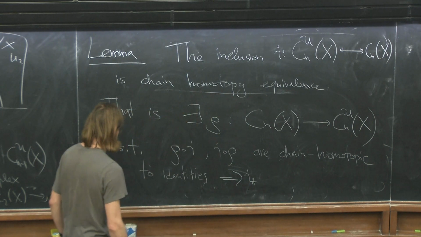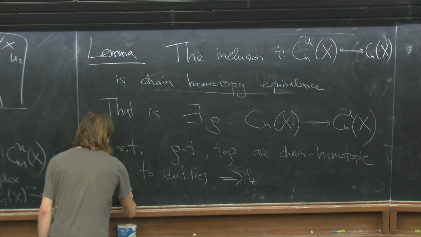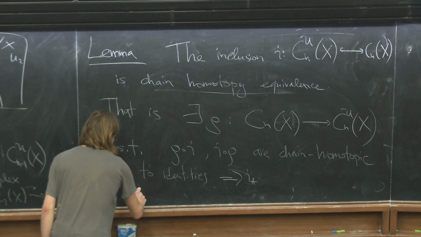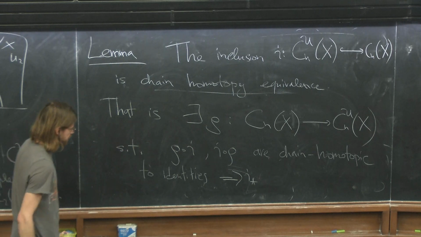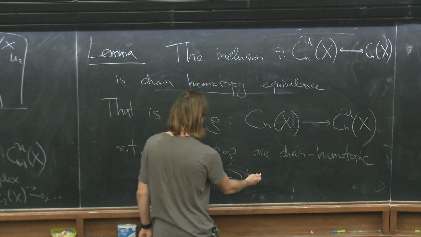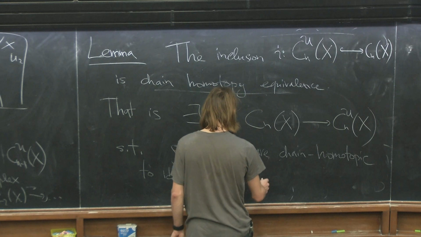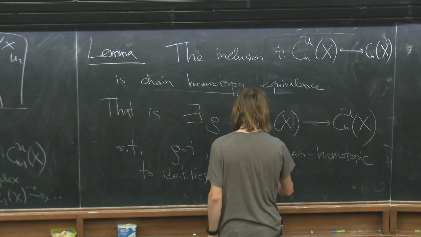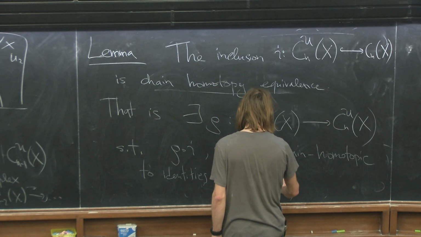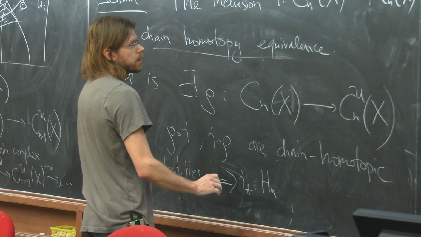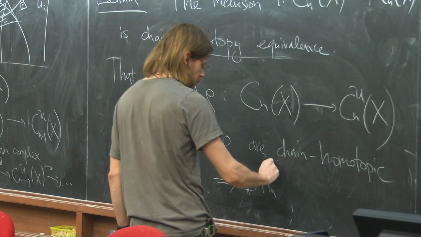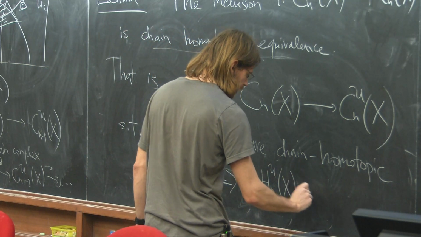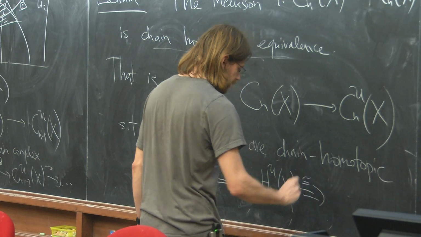I will write this a bit later. But the point is that it follows that I star, which is a homomorphism between the corresponding homology groups, is an isomorphism.